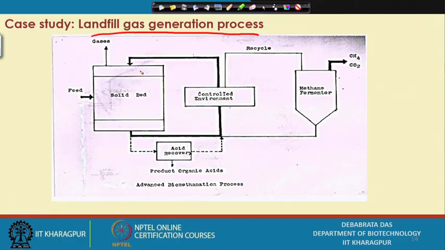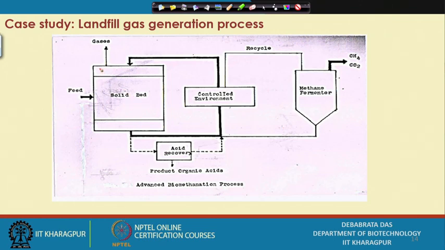Suppose this is the downland, and then they stabilize it and it produces methane. This is the kind of technique that I want to show you, how you can make the conventional landfill gas generation process very fast.